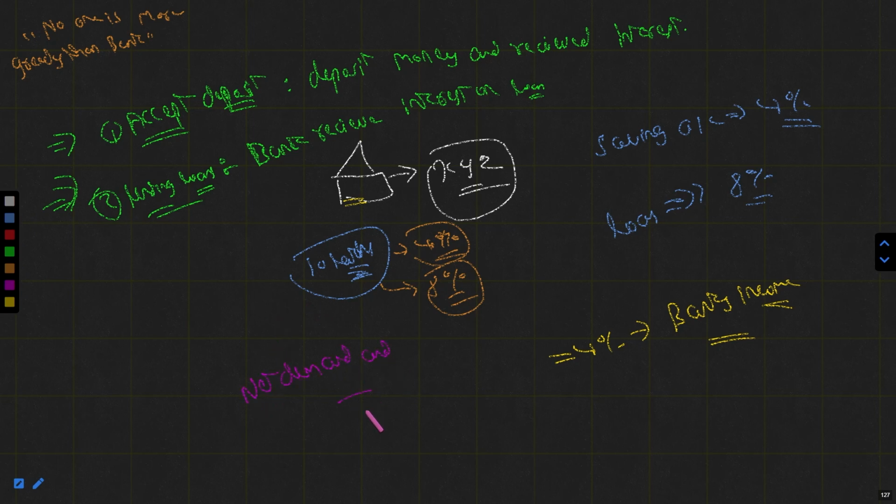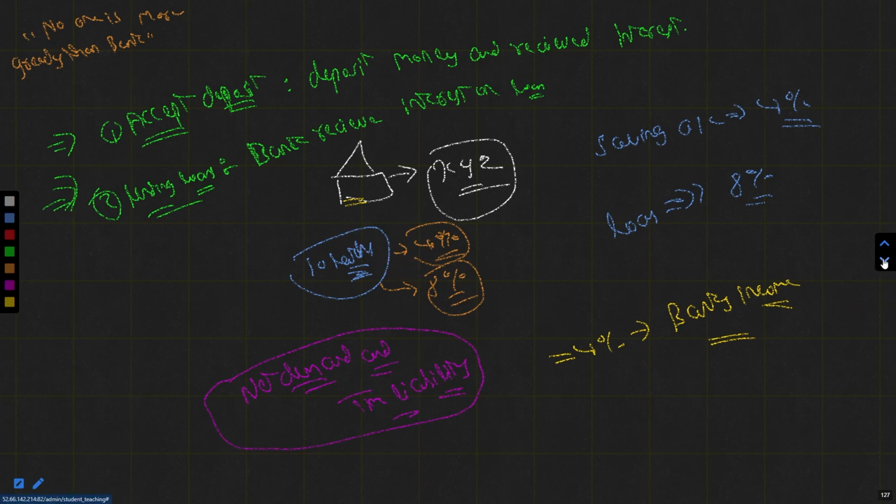Net demand and time liability. In short, this indicates the loan takers ratio and the depositors ratio.